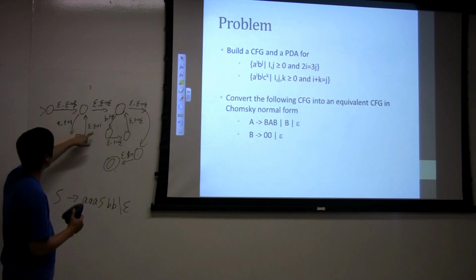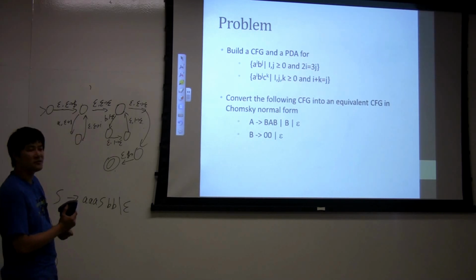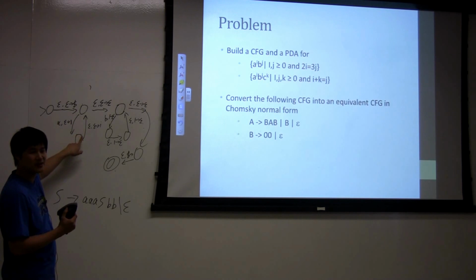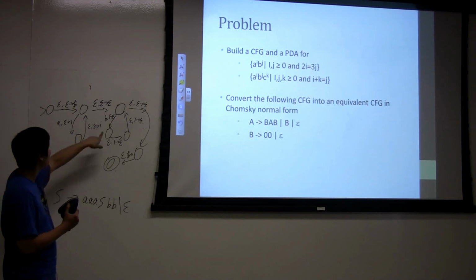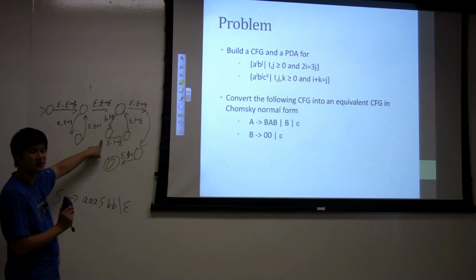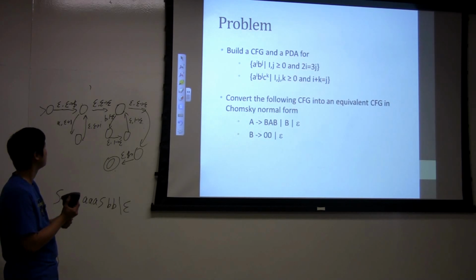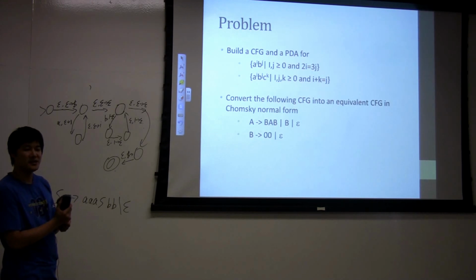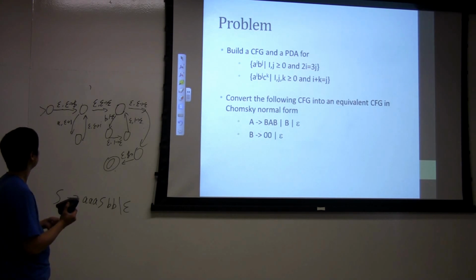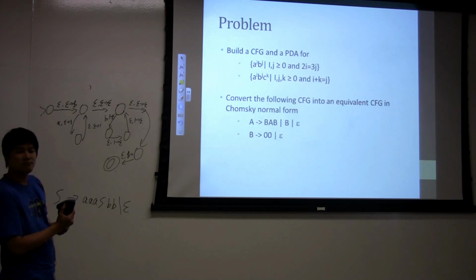The only way you can make it the integer division is to first have 3 A's here, so that we have 6 1s, and then we have 2 B's to pop out 3 each. Get that?